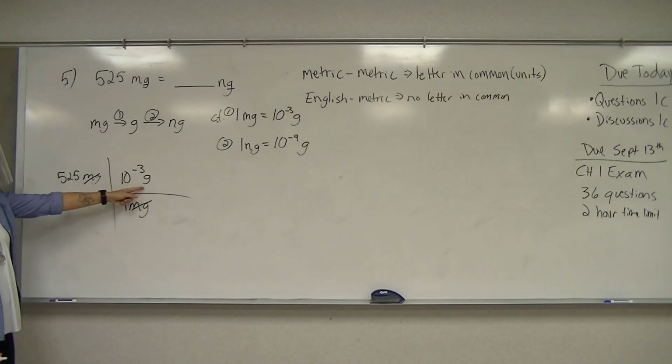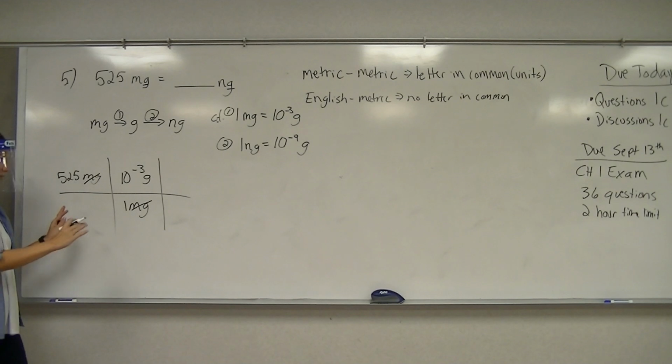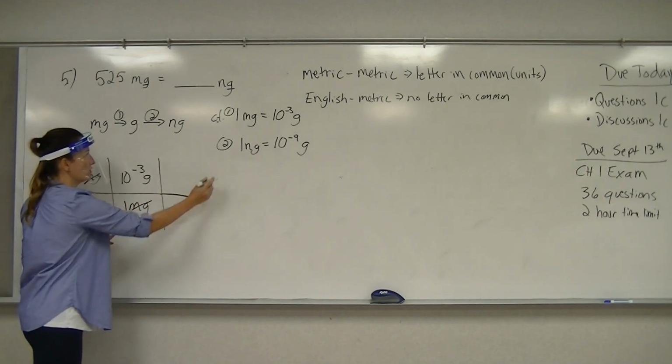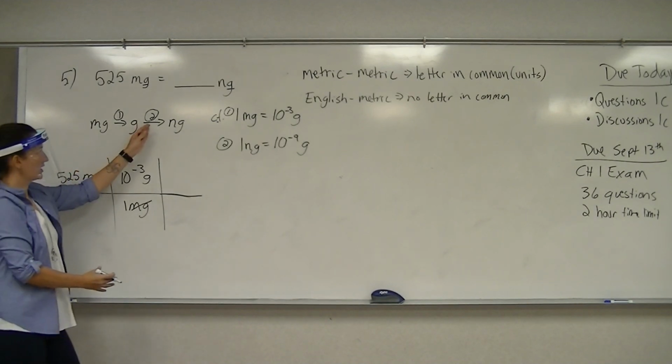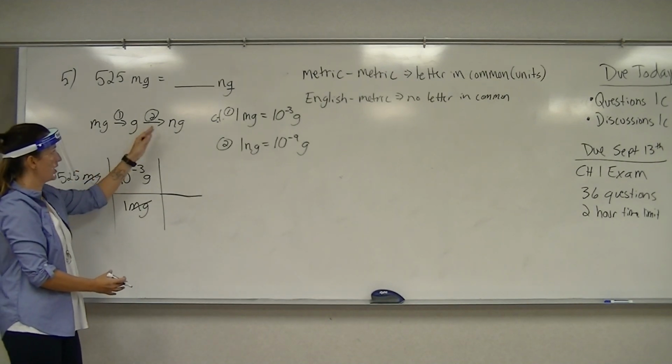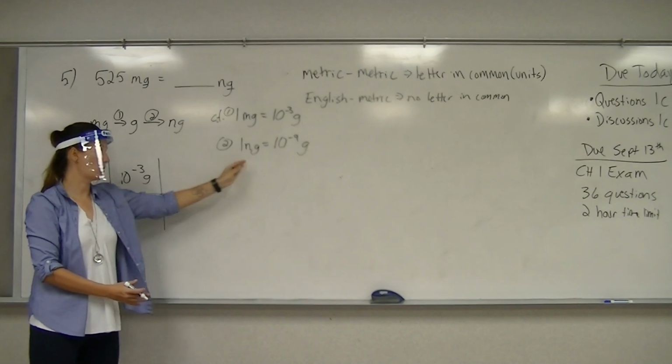Now I'm in grams. If I stopped there, I'd be in grams. But instead of calculating and stopping there, I'm just going to continue on using my other conversion factor, and I'll save the calculations for the end. So my second conversion factor will get me from grams to nanograms. Where do I want the nano portion, top or bottom?